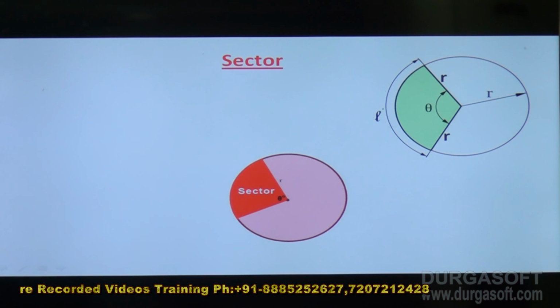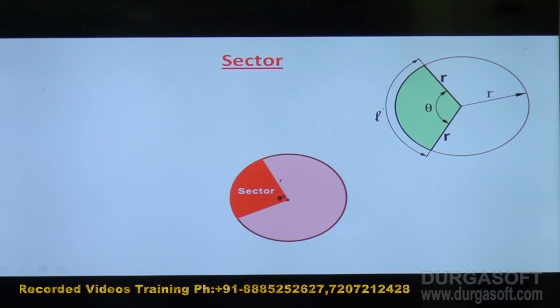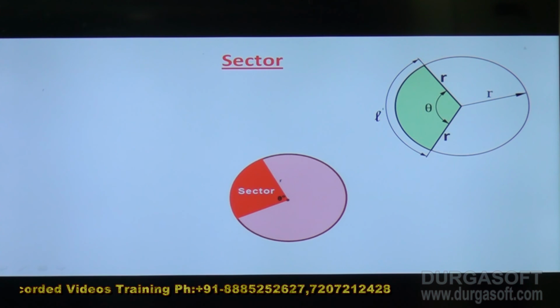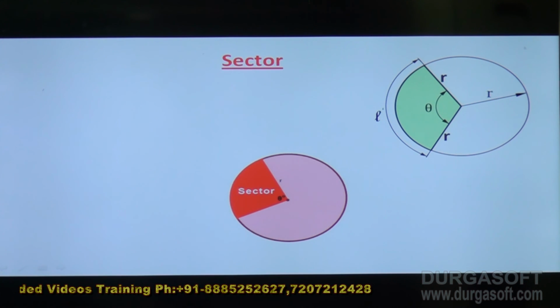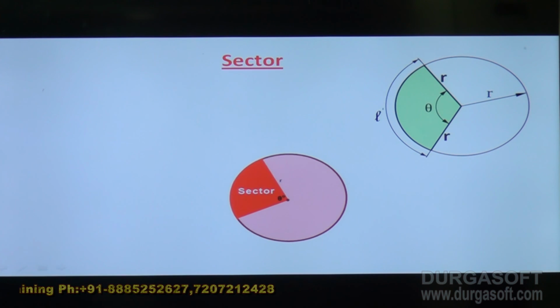So if you see the actual figure of the sector on the right hand side, all the shaded color we are treating as the sector, and all the green colored shaded figure is the sector, and for that sector we have an angle of theta and radius r.